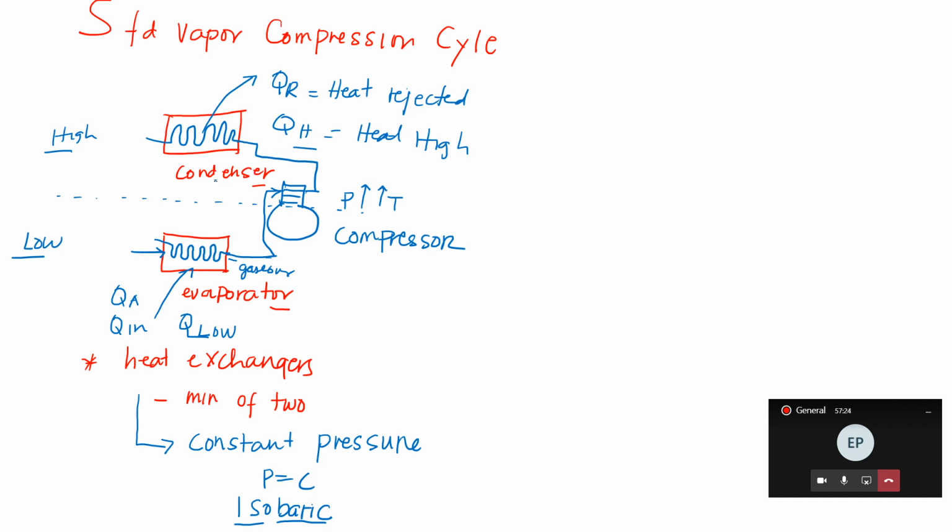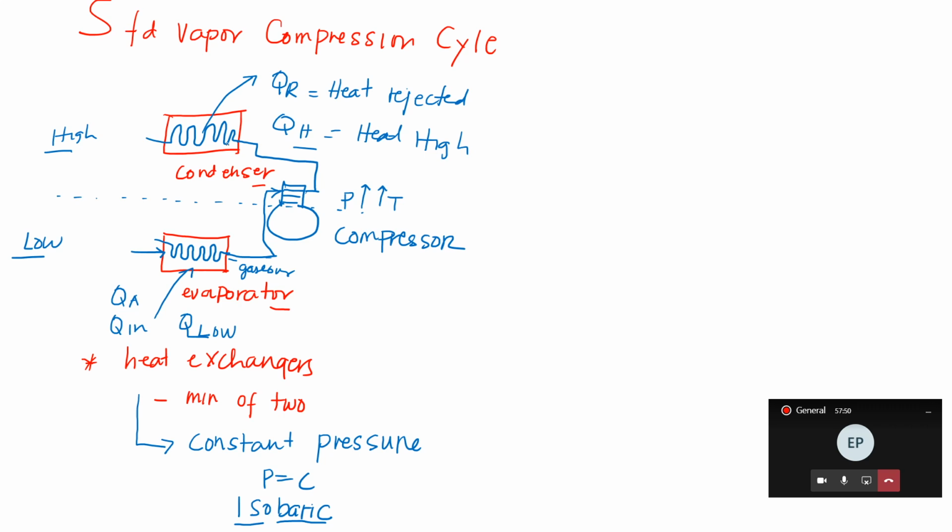And in the condenser, there are two fluids involved: the refrigerant in gaseous form and the air. As you can see in a simple refrigerator or air conditioning unit, there is a fan or blower that blows air over the condenser, right?